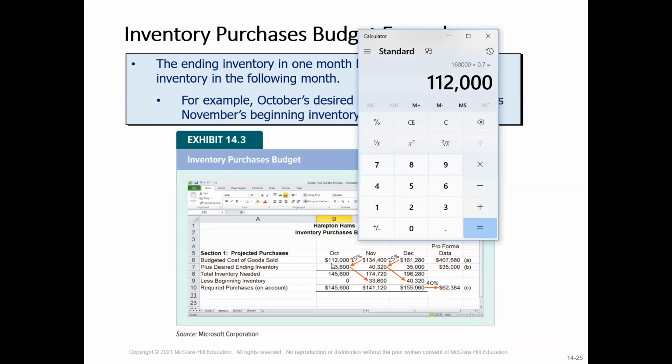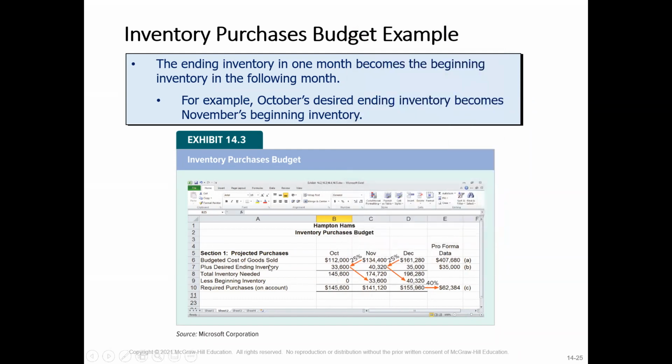There's our 112. So budgeted cost of goods sold for October would be our total October budgeted sales times 70%. For November would be the total November budgeted sales times 70%, and the same for December.